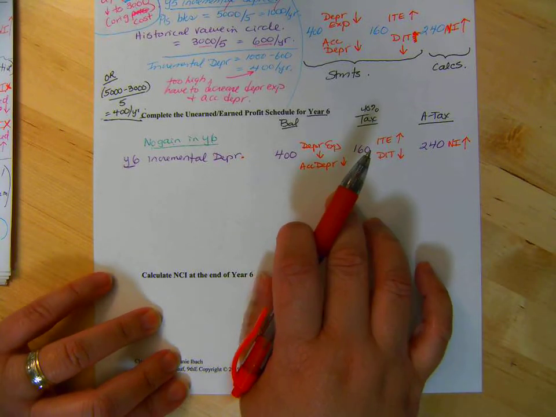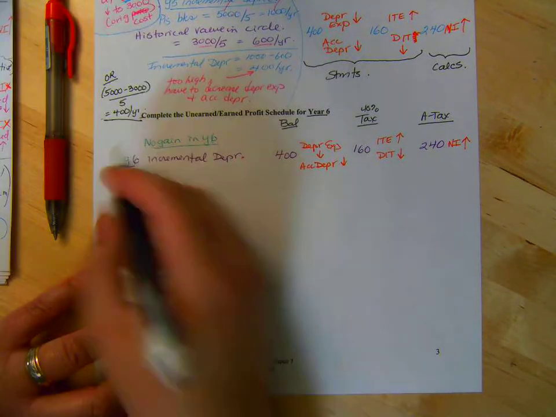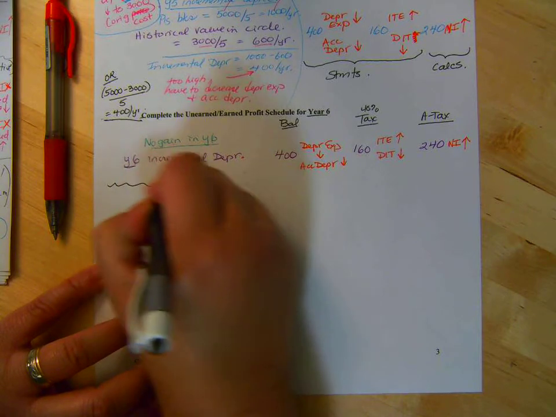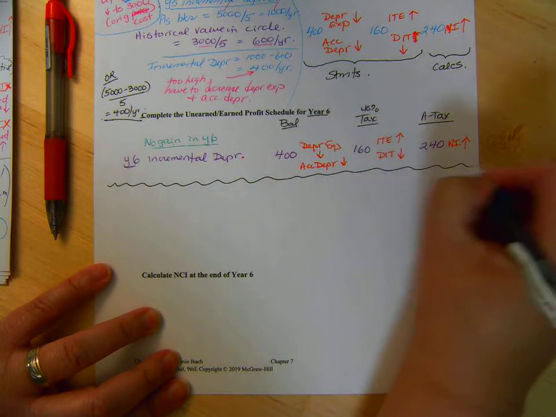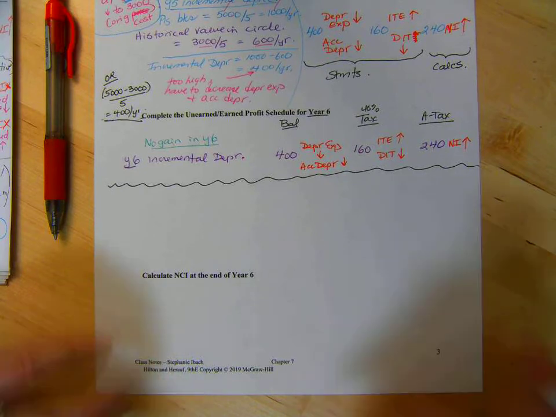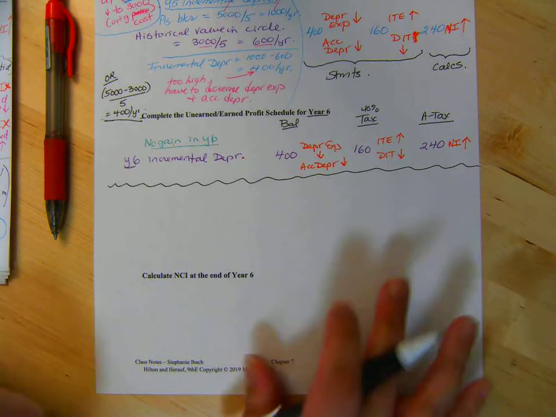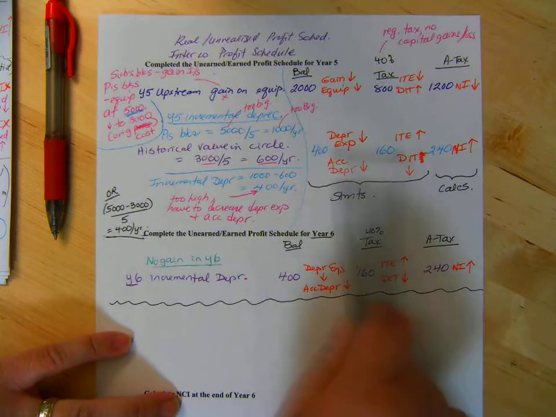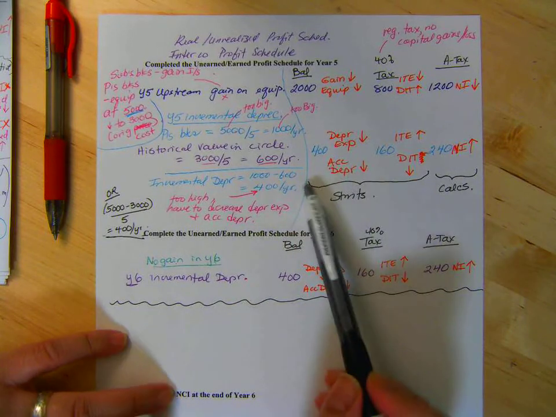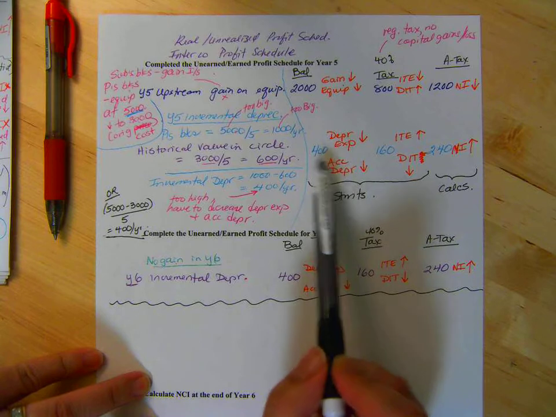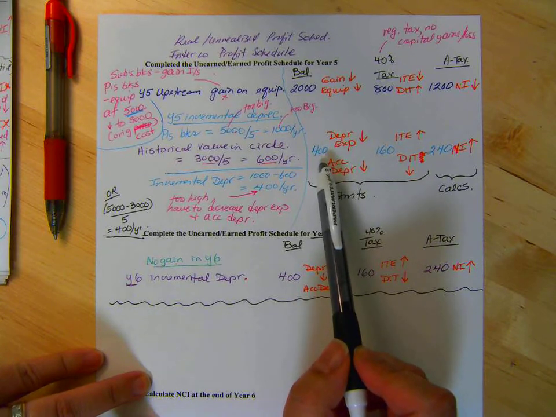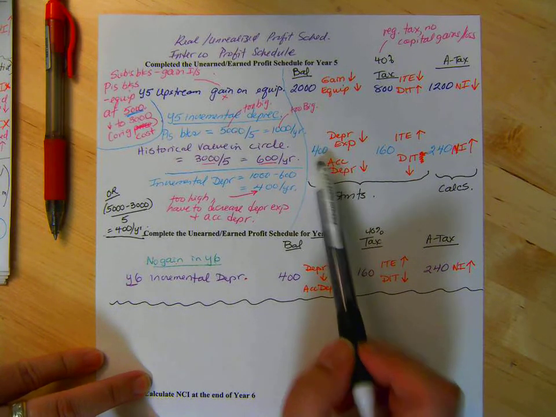Now, that takes care of what's actually happening in year 6 on the income statement. However, in year 5, did these things go away? Did the parent change their books and go, oh yeah, I should have used 400? No, that was just in consolidation, right?